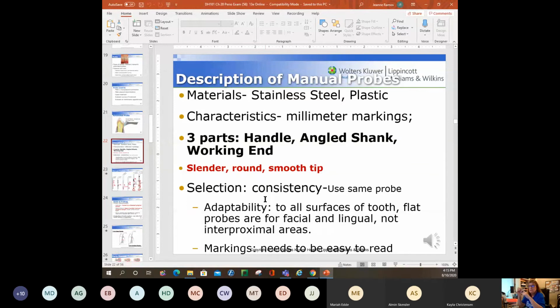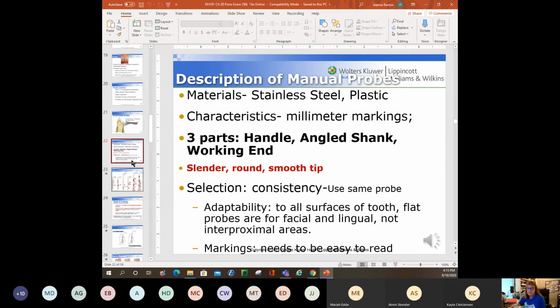But I think with some of the probes, you need a little bit more light pressure to put down there than with others, and you could get a millimeter or two difference. So when you get used to the kind of probe, if you've used that yellow probe on that patient before, then pick it up and use it again 6 months later, because then you can really compare your numbers fairly.